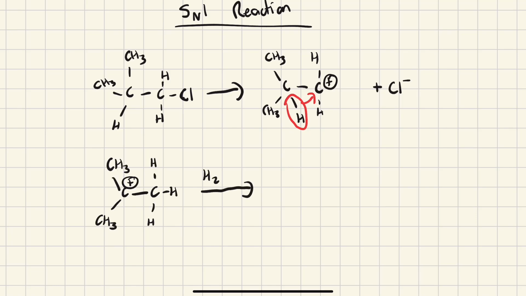Here, we'll go with water again. But this can be anything that has essentially an OH with it, or anything that has lone pairs that is neutral. That counts as a weak nucleophile. If we attack our carbocation, we're going to end up with, once again, a positive charge in our H2O attachment.